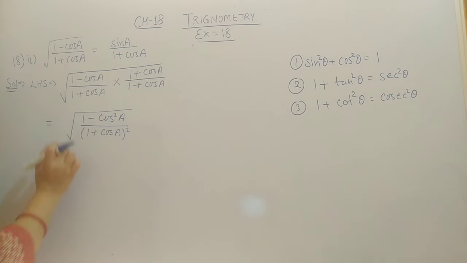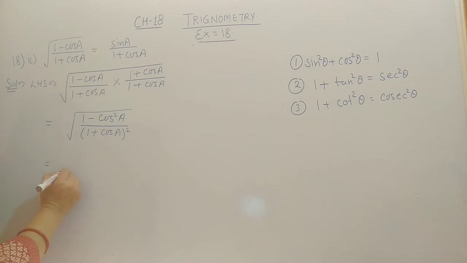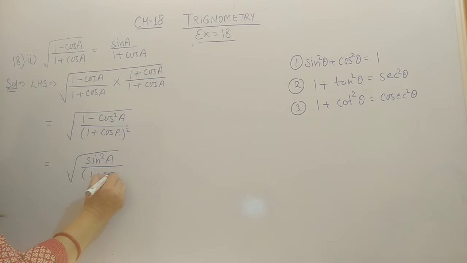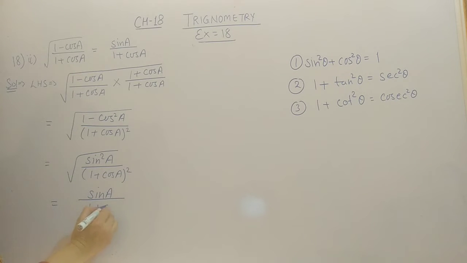After this, the numerator 1 minus cos²A, from the first identity, we can write as sin²A. So root of sin²A divided by (1 + cos A) whole square. Now both are in square form, so it will come out of the root symbol. So finally we will get sin A divided by 1 plus cos A, which is equal to our right side, hence proved.